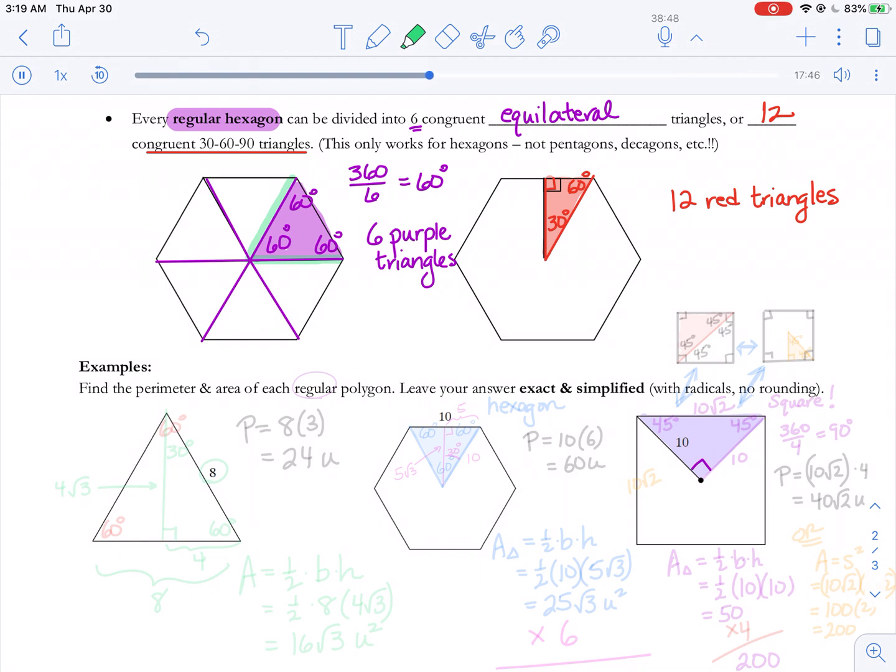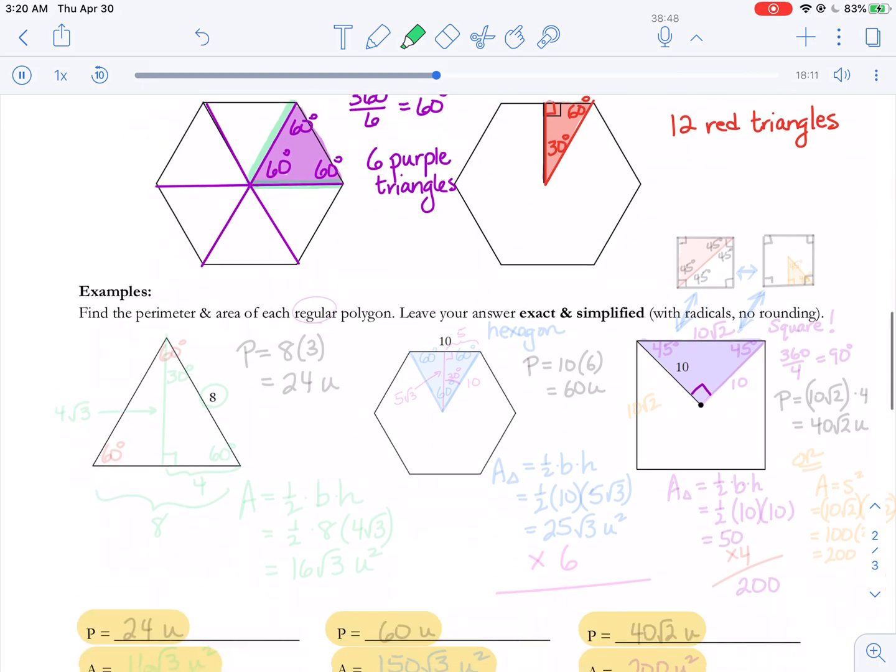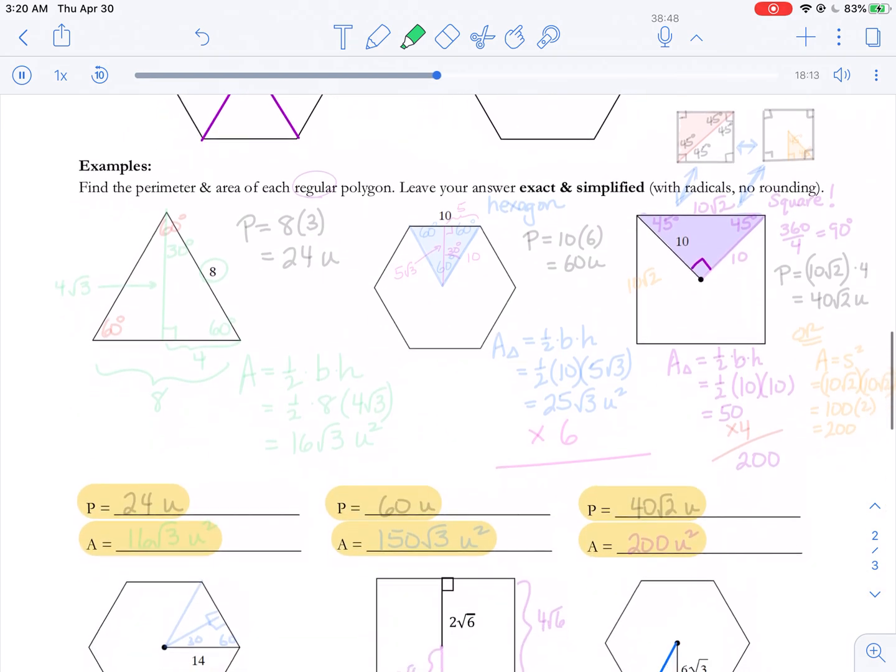When you have a regular triangle, it's always going to be 60, 60, 60, and you can always cut it into 30, 60, 90. When you have a regular quadrilateral, it's always a square. And when you have a regular hexagon, you can always split it up into 6 equilateral triangles or 12 30, 60, 90s.